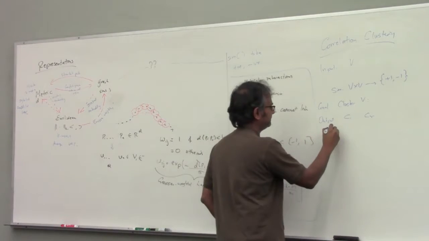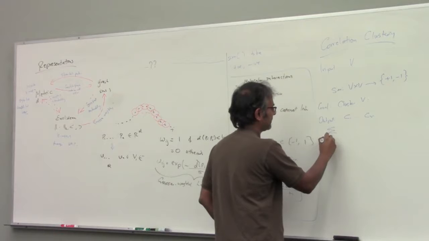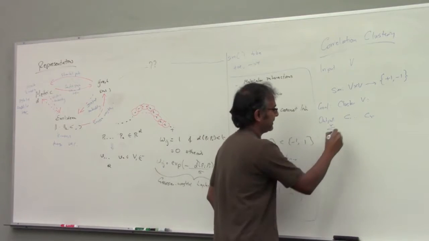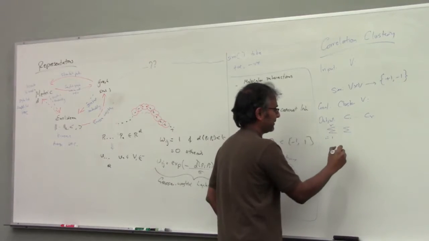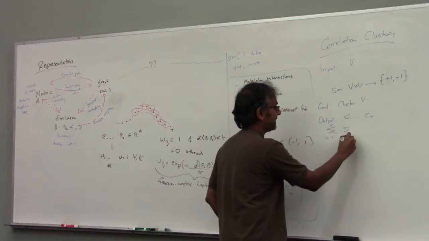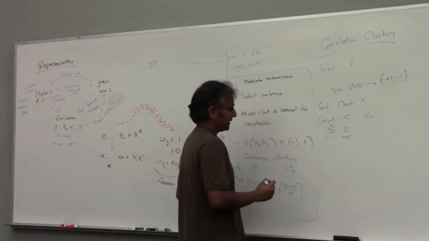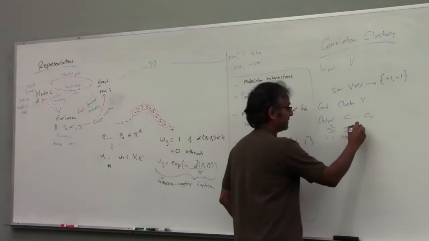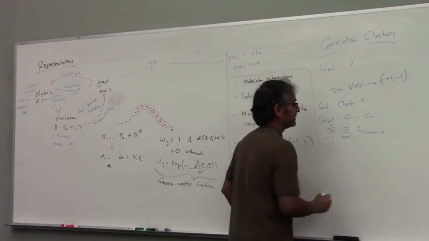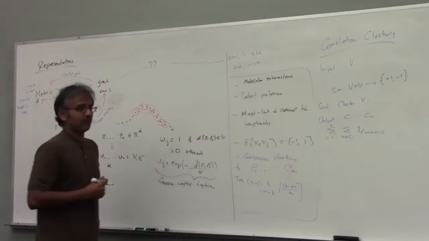So it's a sum over i equal to 1 to R, and a sum over all pairs x, y belonging to Ci of a 1 if they're similar. So it's a 1, which is a characteristic function. This is one proposal for a cost function.